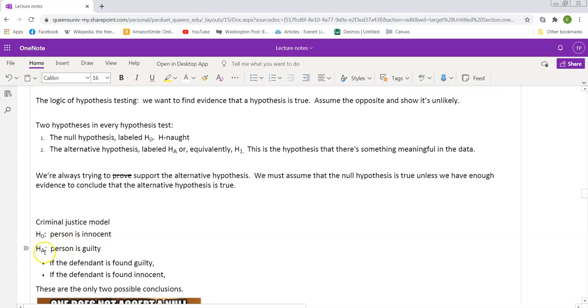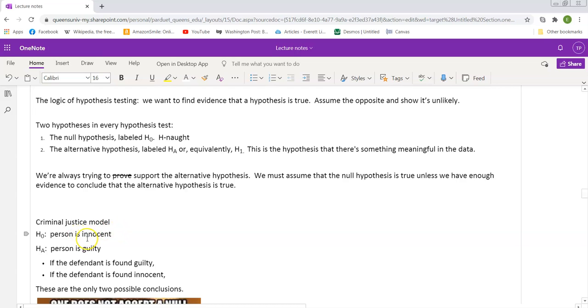Our alternative hypothesis is the thing we're hoping to test. This is the thing that the prosecution is hoping to demonstrate, that the person is guilty. The null hypothesis is that the person is innocent. This is where we're saying, I'm going to assume the opposite.